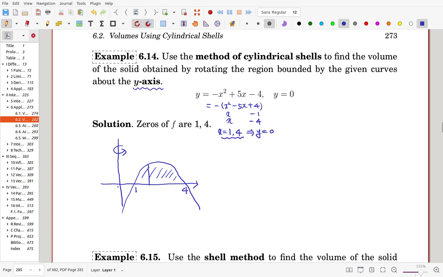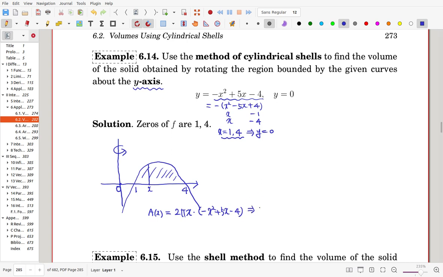Now the axis of rotation is this one, so this is r for each x. The area of the shell A(x) is given by 2 pi x, which is 2 pi r, times the height. We know the height, right? That is minus x squared plus 5x minus 4.